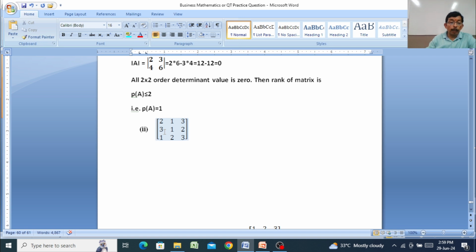Now to solve, first we find the determinant value of 3 by 3 order. The rank of matrix A is determined as follows: we first find the value of the determinant of 3 by 3 order.